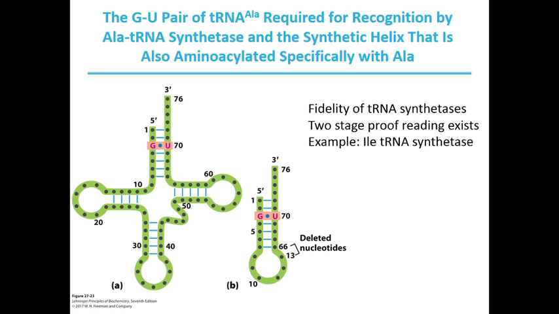The tRNA structural elements recognized by the alanine tRNA synthetase are unusually simple. It so happens that a single GU base pair is sufficient for the specificity of alanine tRNA synthetase to recognize the tRNA.